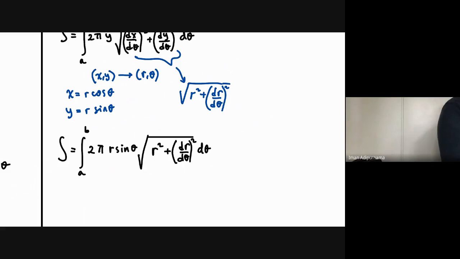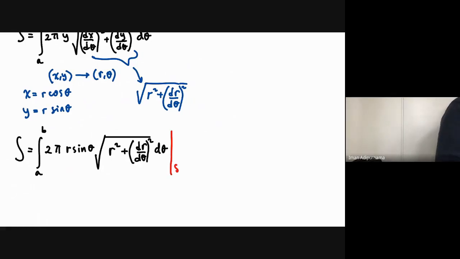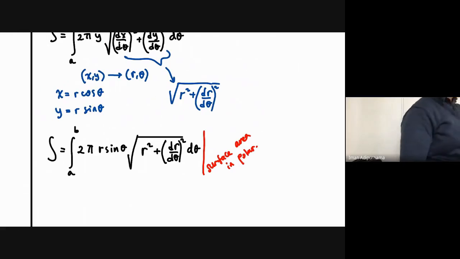Okay, surface area in polar. And remember the restrictions.